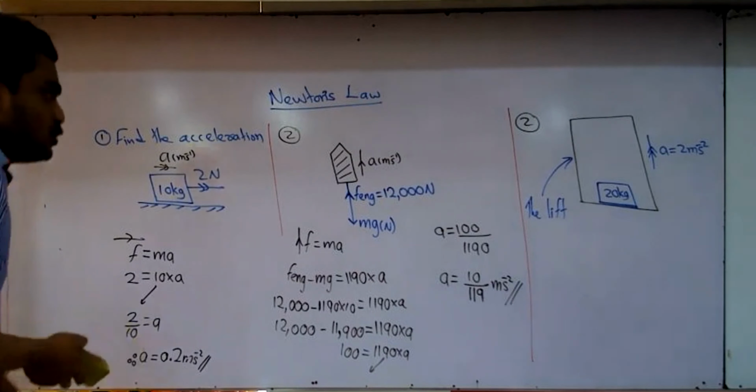Mass of the box is 20. The box is moving up with an acceleration of 2 meters per square second. So mass of the box is 20, acceleration is 2. Can you do the rest and find the normal reaction force here? Apply F equals ma and find the normal reaction force acting on the box.